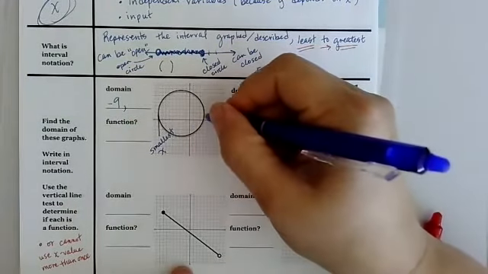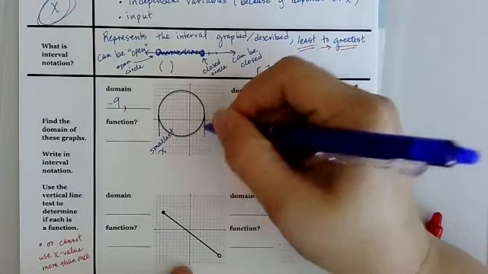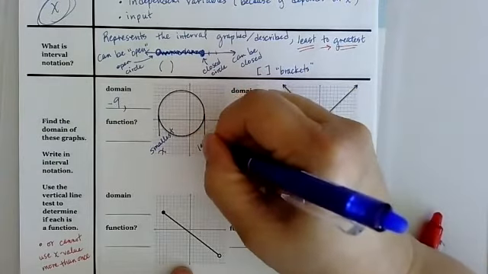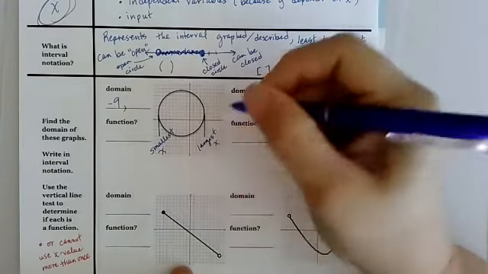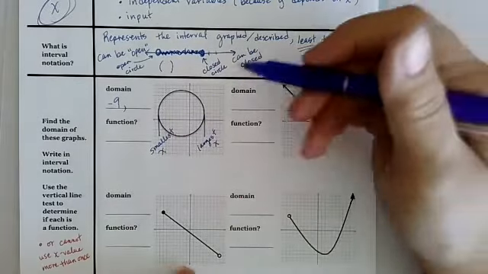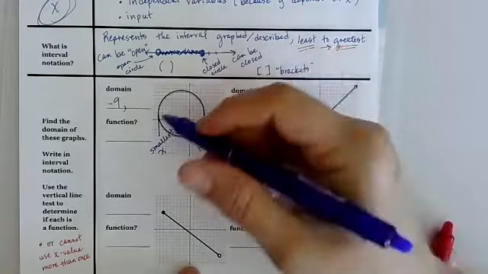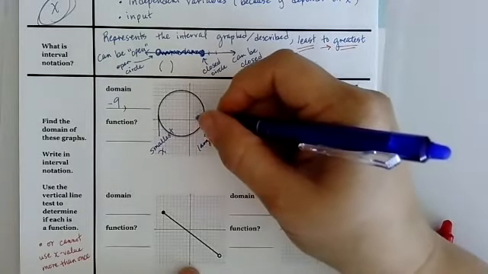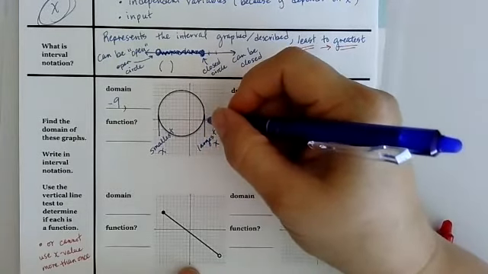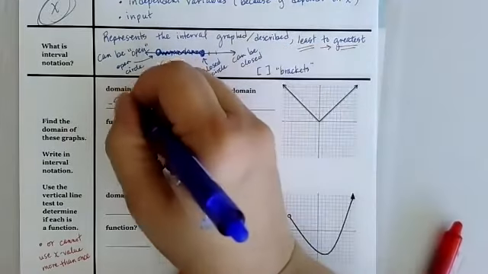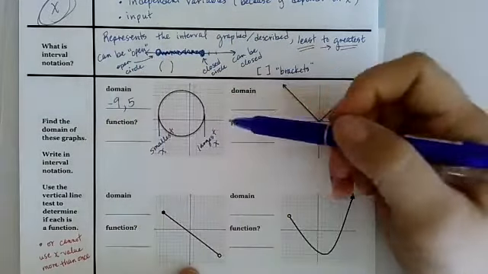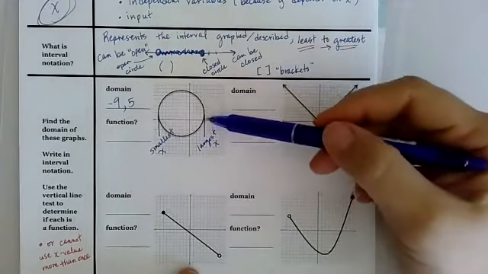And then my biggest, largest x. And I'm not going to worry about what's going on with the y. I'm only talking about domain today. This is at 1, 2, 3, 4, 5-ish. I eyeball it. Okay, I have a closed circle.